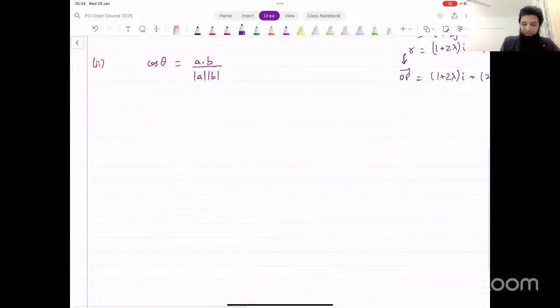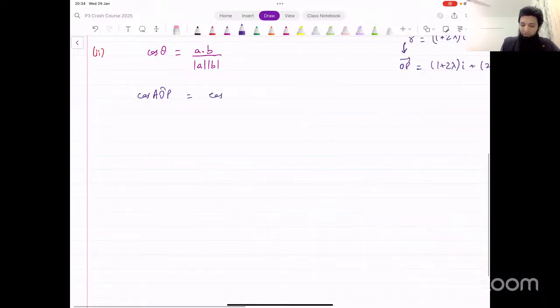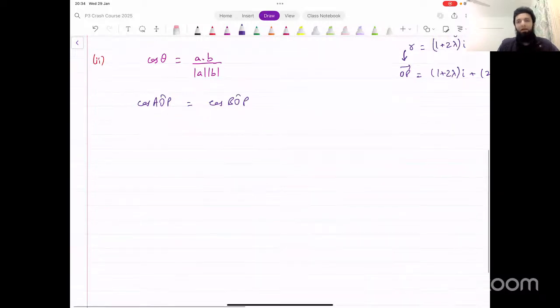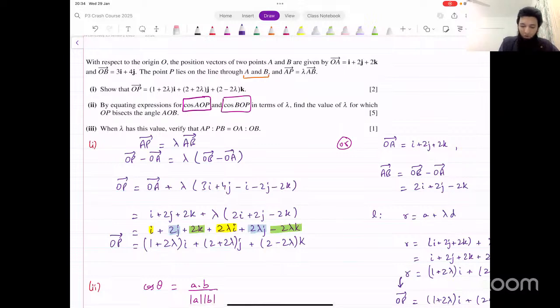Now, there are two things that we need. Cos of AOP. They're saying equate this to cos of BOP. These should be equal. Okay. And the reason for that is they've explained that there. Find the value of lambda for which OP bisects the angle AOB. So think about it.